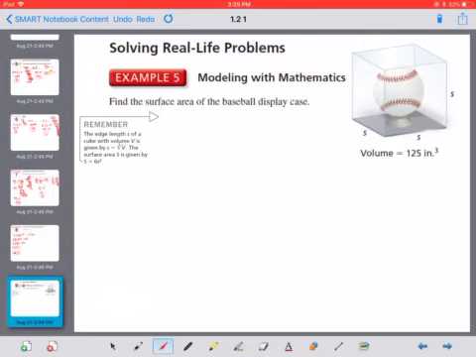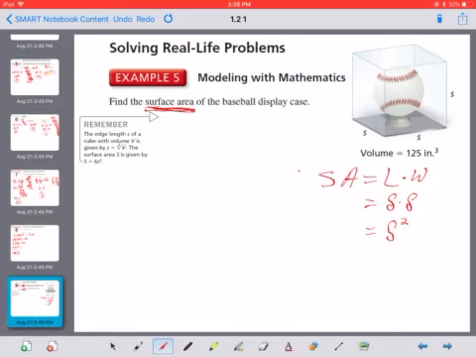Now, modeling. Modeling means it's going to be a word problem. We just have to solve the wordy. Find the surface area of the baseball display case. Well, this is the question. So the surface area equals, and then surface area is length times width. For us, that means side times side, or the side squared.